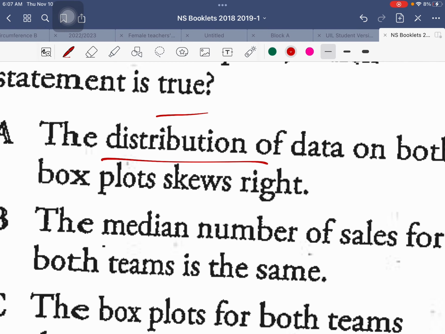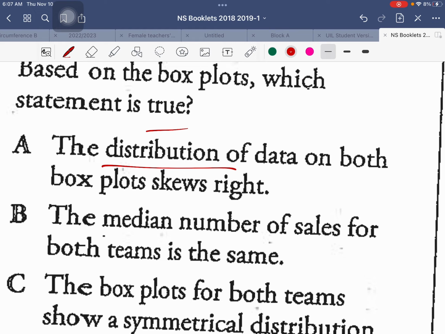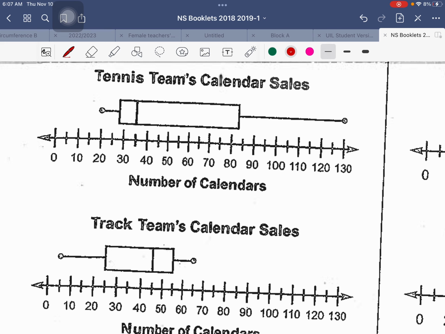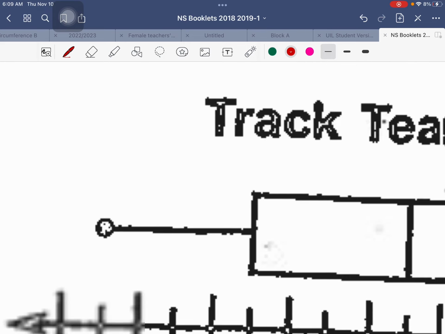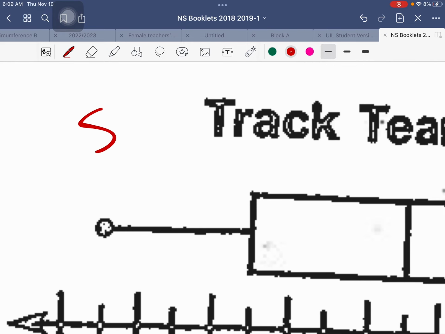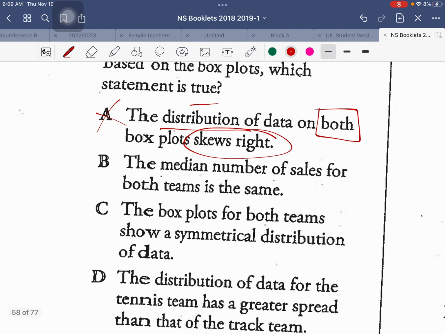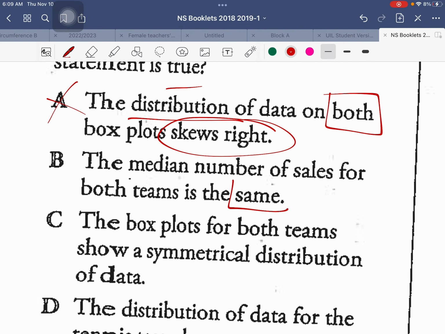The distribution of the data, the shape, is skewed right on both. Let's see. Why no? The first one, yes, it's skewed right. But on this one, the tail is longer, so this is skewed left. So automatically wrong. The median number for both teams is the same.